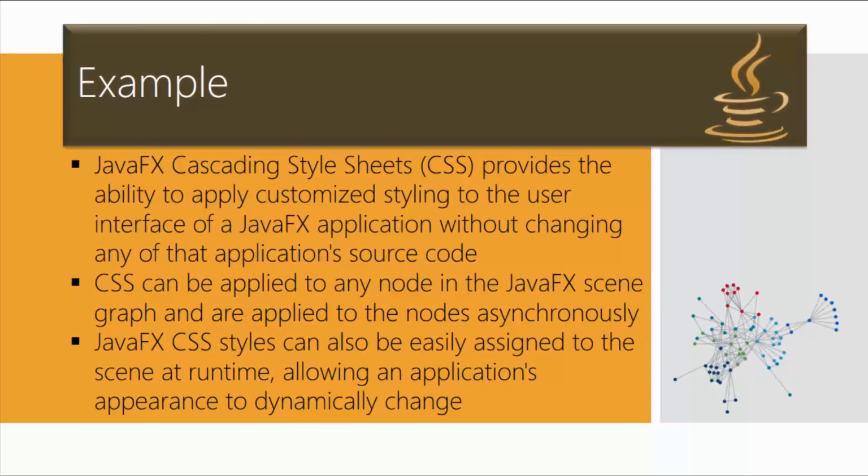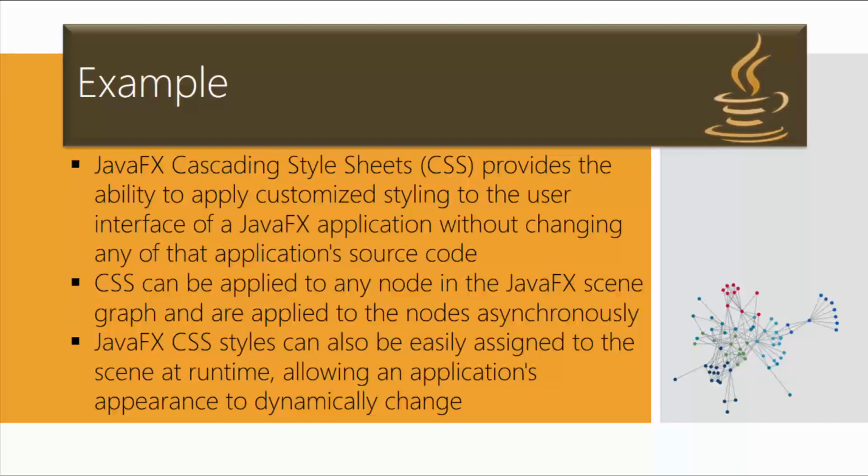So here's an example. As I mentioned earlier, JavaFX cascading style sheet, for instance, provides the ability to apply customized styling to the user interface of a JavaFX application without changing any of the application source code. So CSS can be applied to any node within the scene graph and are applied to the nodes asynchronously.